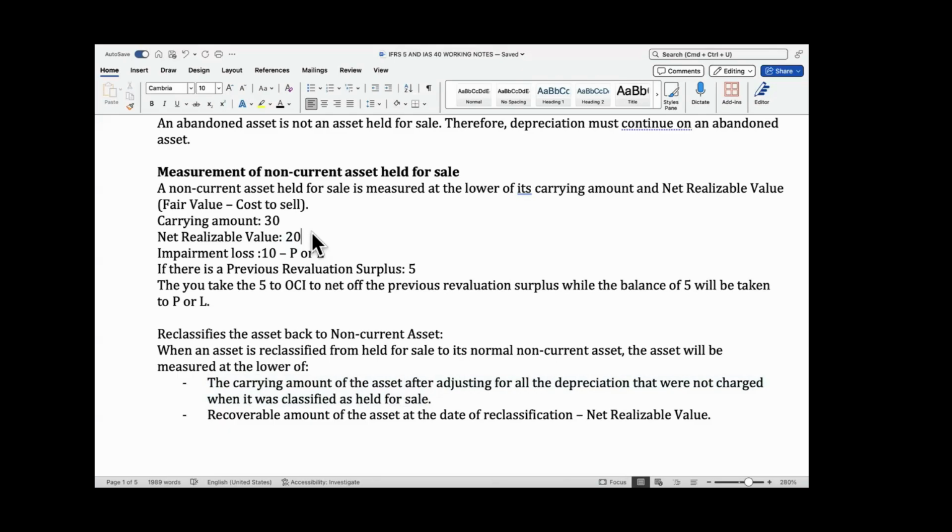And this asset you have held for sale for 2 years. That means you have to deduct 10 naira. So it's not like you were keeping the depreciation somewhere. No, you were just not charging it. It is now that you want to return it back to its normal non-current asset that you need to reawaken those depreciation that you did not charge to get what the carrying amount should actually be.